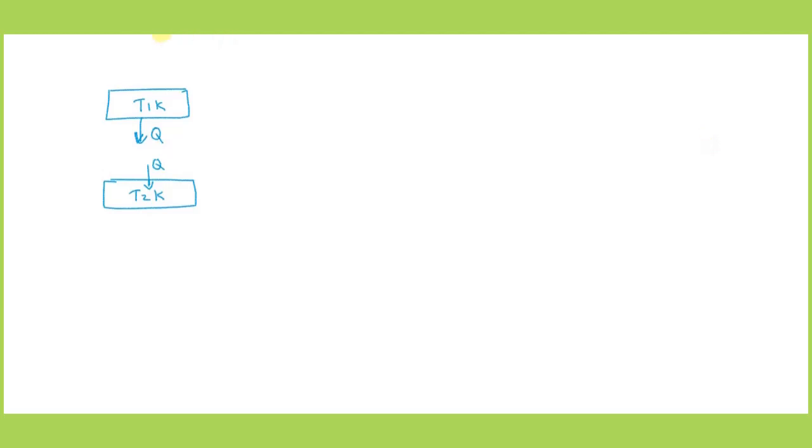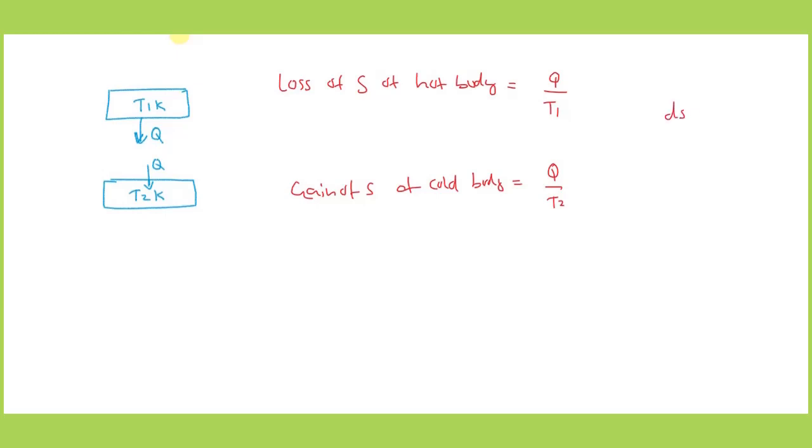Then if we find out the loss of entropy of the hot body, the loss of entropy of the hot body will be equal to Q by T1, and the gain of entropy of the cold body will be equal to Q by T2, because the change in entropy dS will be equal to dQ by T. Okay, therefore if I find out the total increase in entropy of the system, it will be gain minus loss.